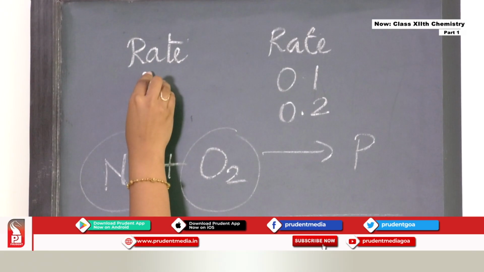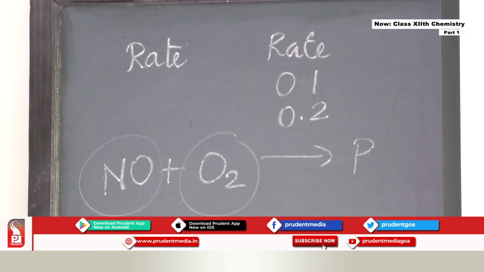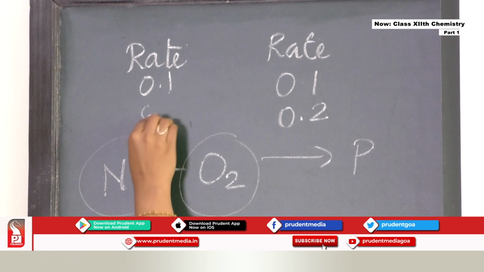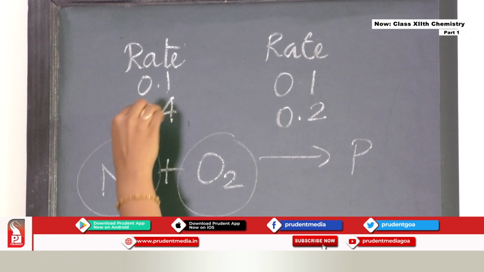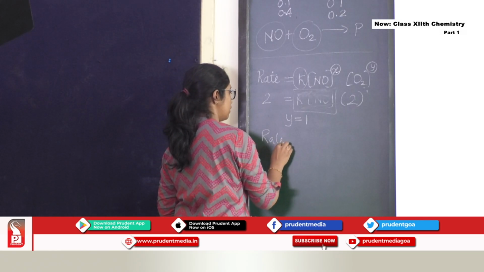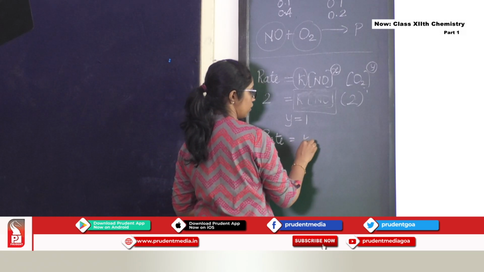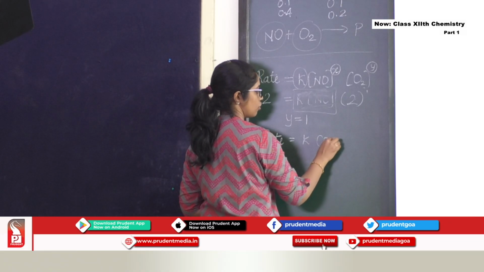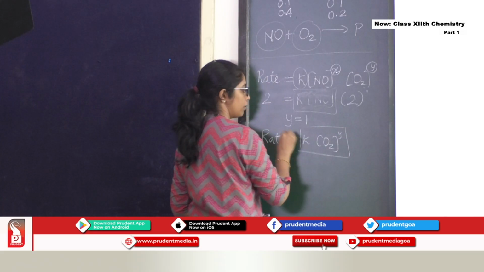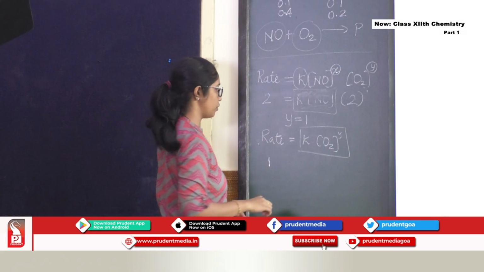So, we find that the rate is 0.1 in the first experiment, and changes to 0.4 in the second experiment. Now, the concentration of oxygen is a constant, so we are not going to bother about the change in the concentration of oxygen.